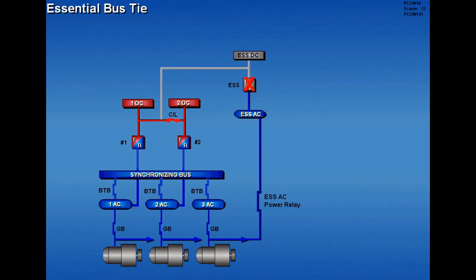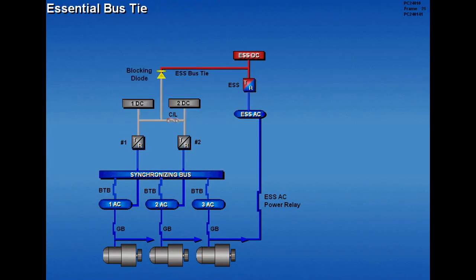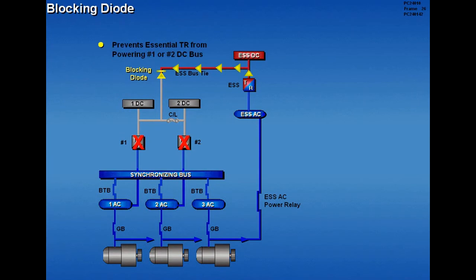If power is not available through the essential TR, an essential bus tie allows the number 1 and or number 2 TR to power the essential DC bus. Should power not be available from TR1 and 2, a blocking diode prevents the essential TR from powering the number 1 and or 2 DC buses.